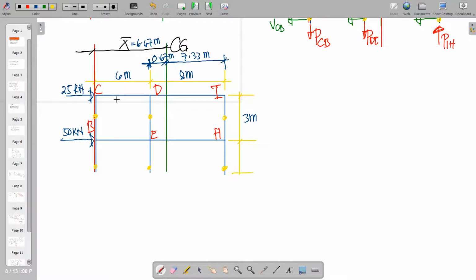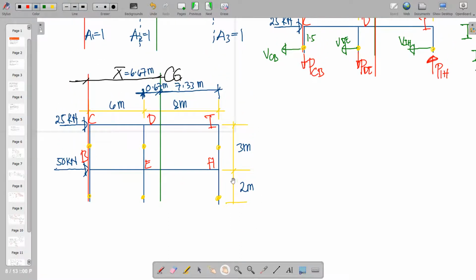Therefore this is 2 meters. So we highlight again the location of the centroid. So it will have a rotation like this. Same, going to designate that as M2.